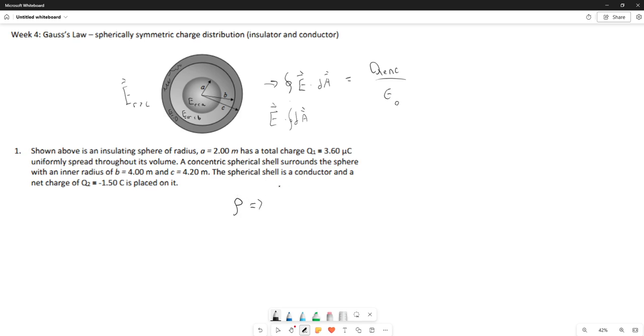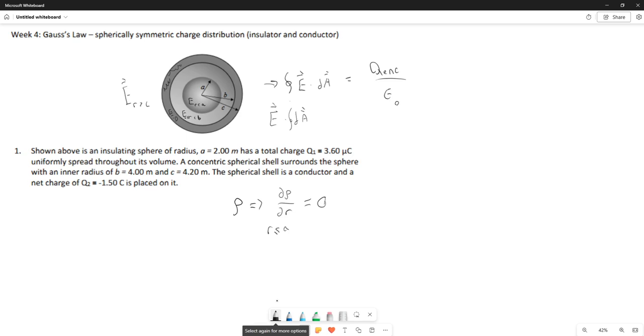So that means throughout the volume, if you were to take a derivative with respect to the radius of this charge density, where r is less than or equal to a, the spatial derivative is equal to 0, right? That's just saying that the charge density is constant throughout the volume.